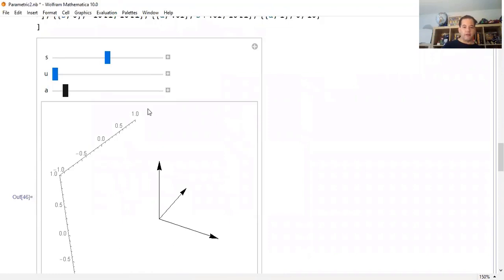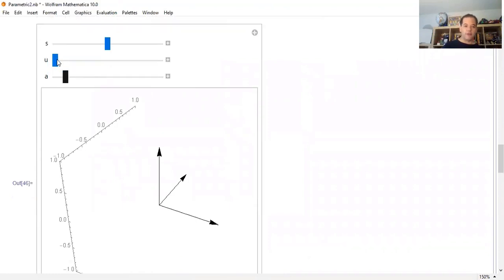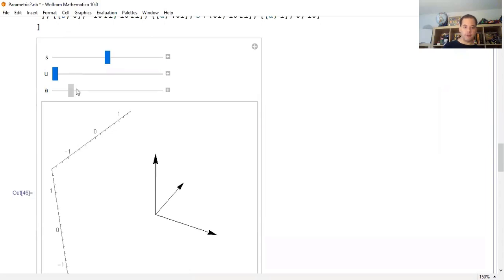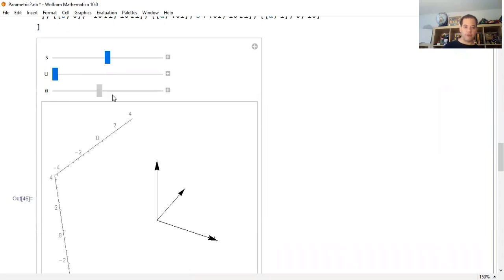Okay. So the x and the y, what's happening here? I need to be further away because things happen that are between 2 and 4. So, okay, there we go.